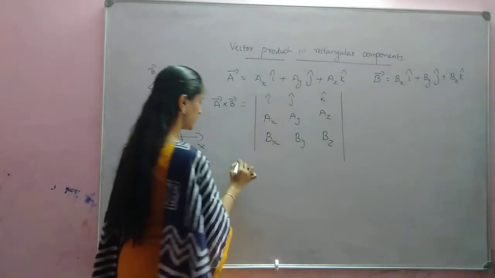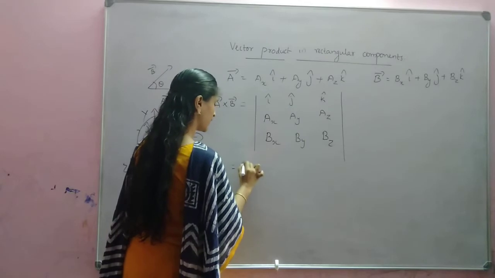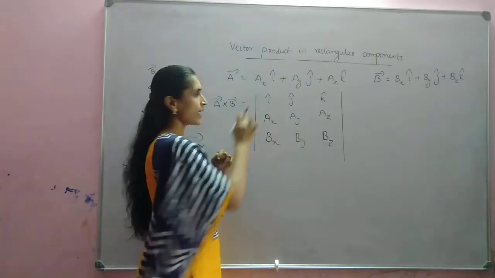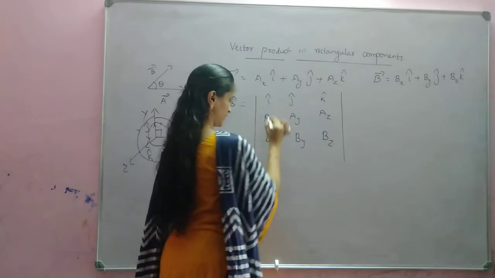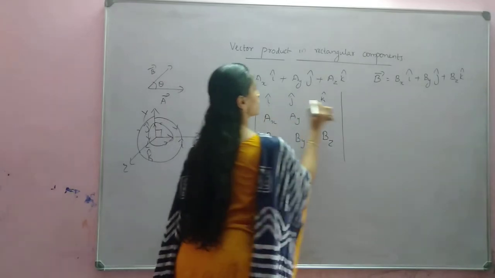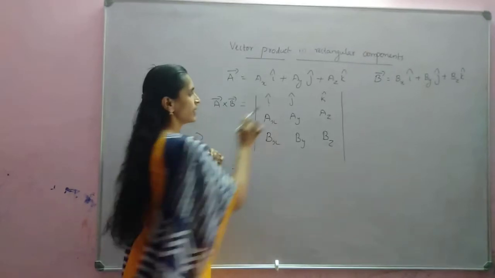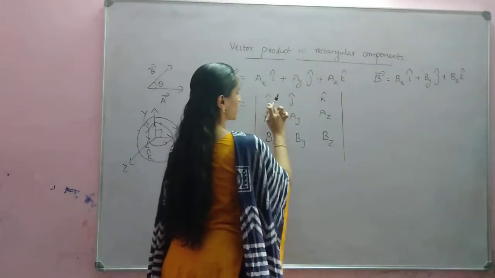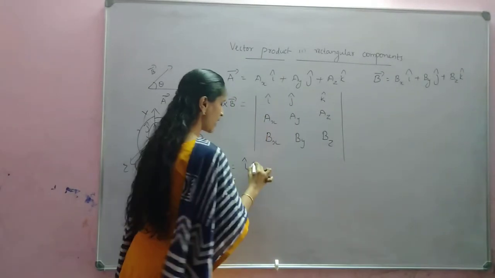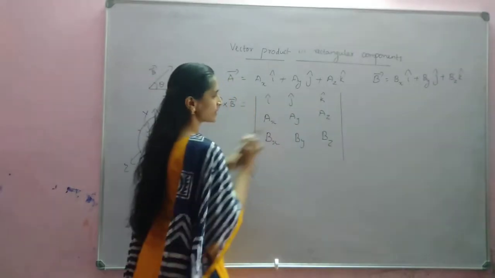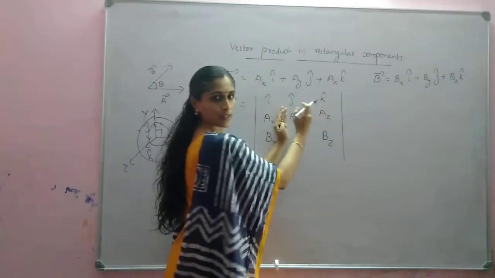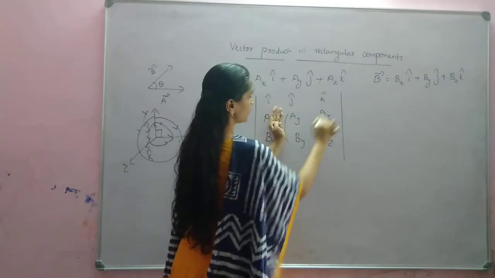Now how to find the result? When you take i, no need to bother about this column and this row, they can be eliminated. Now what is left? Only this part is left.